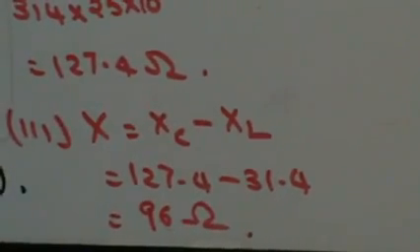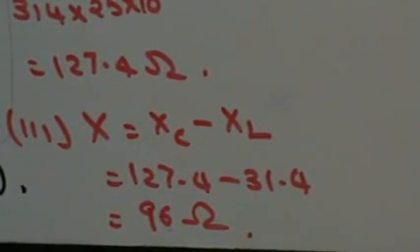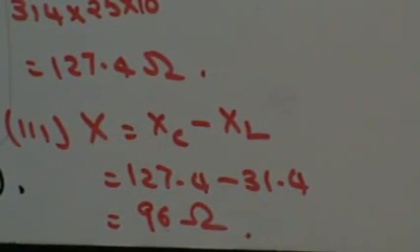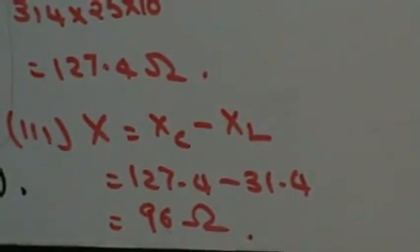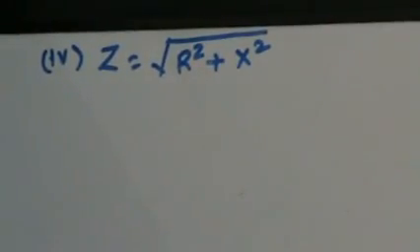Right? Once I have this, then I know the reactance of the circuit, so I can find out the impedance of the circuit. Impedance is nothing but square root of resistance squared plus reactance squared. Resistance is given to me, reactance you just found out.